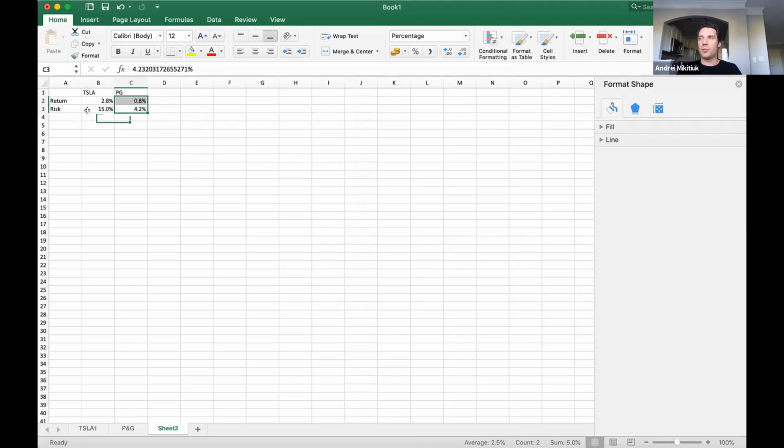And that's basically what the whole Markowitz theory was, this whole approach to how to build it. So what we will be doing now, we will be building a number of different portfolios, and we will be calculating the same two numbers, risk and return, for those two stocks.